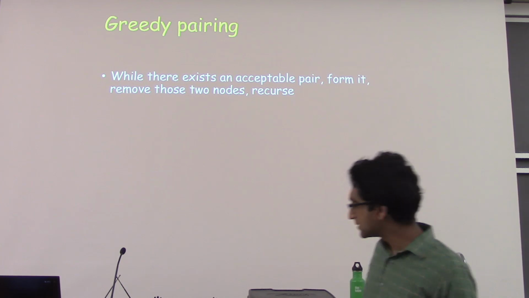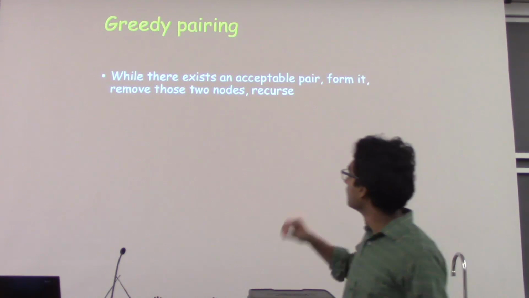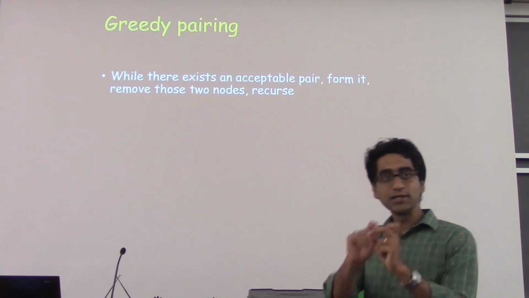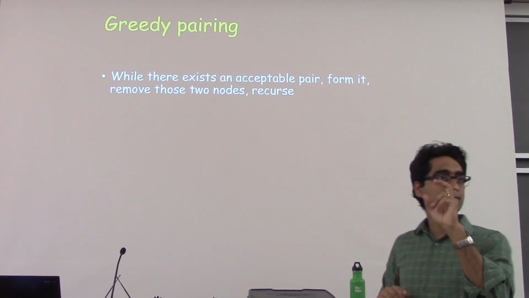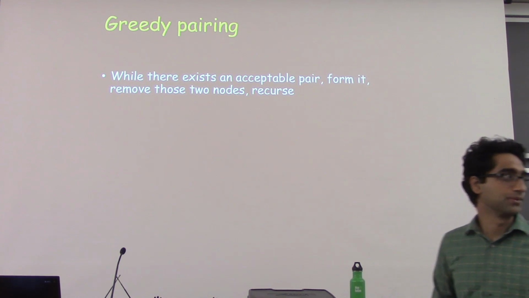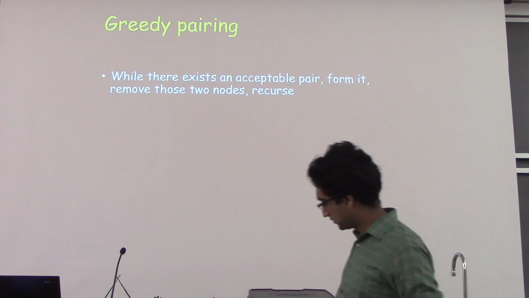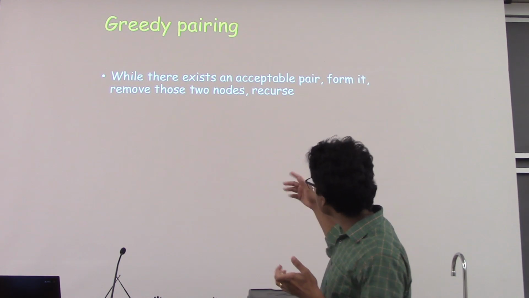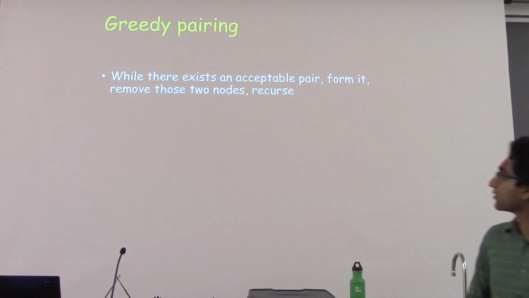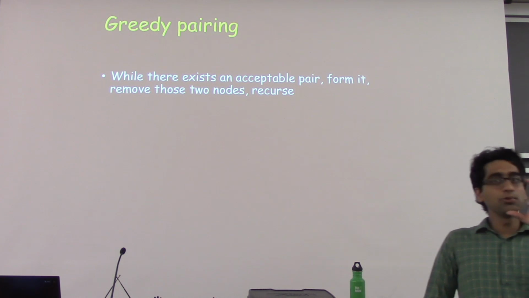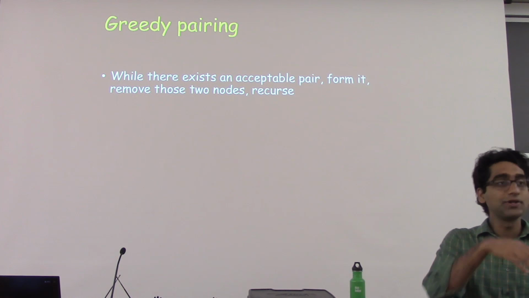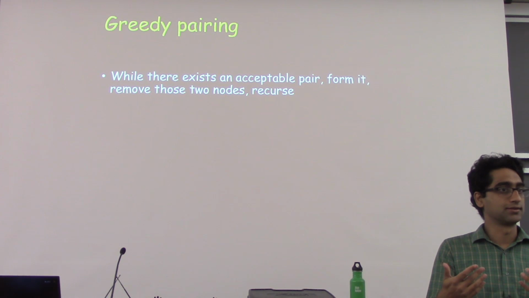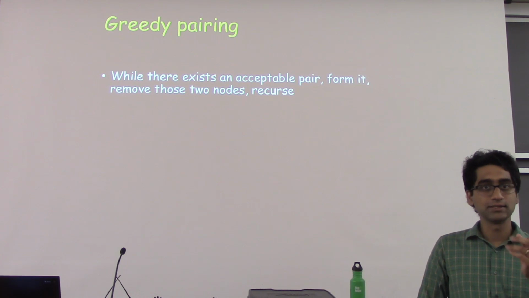So this is the example we saw last time. We had a bunch of people. Each person gives a list of people whom they are compatible with, and you want to form as many compatible pairs as possible. We said that there's this very simple greedy algorithm, which is pair two arbitrary people who are willing to be paired, remove them from this graph and just recurse.